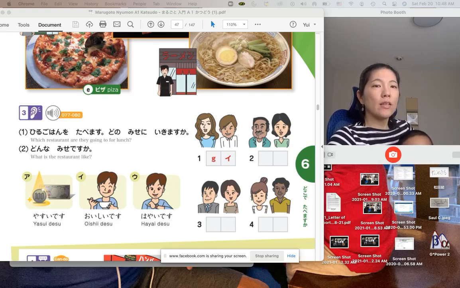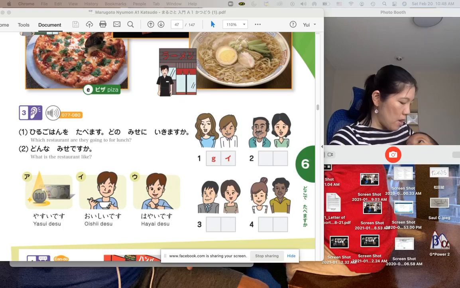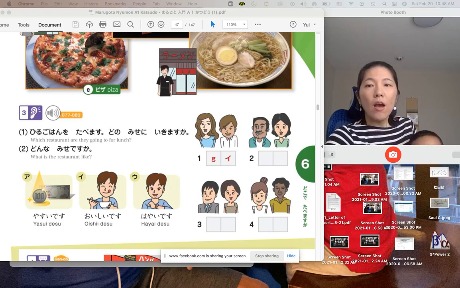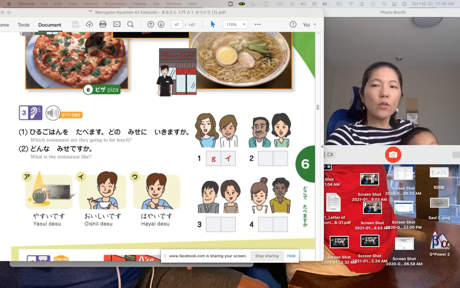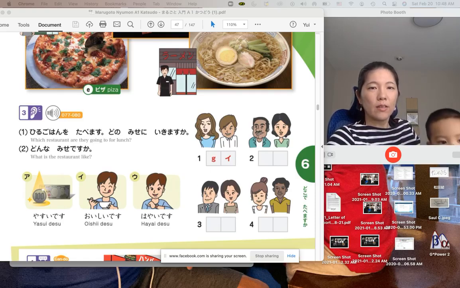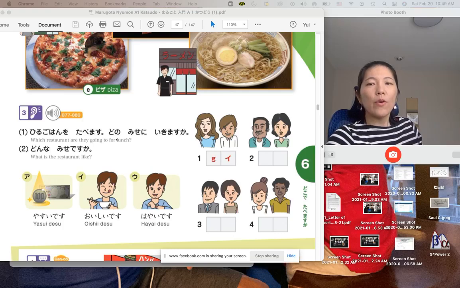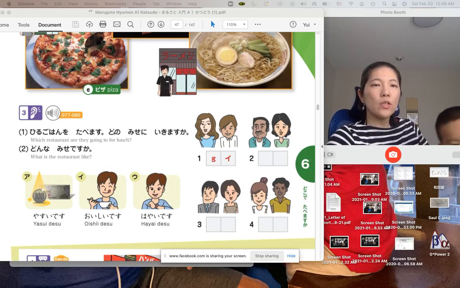So 昼ご飯 is the food that we eat at midday, which is lunch. 昼ご飯を食べます. I eat lunch. We eat lunch. Or they eat lunch, right? Because we're asking these people. どの店に行きますか? どの is which. 店 is store.